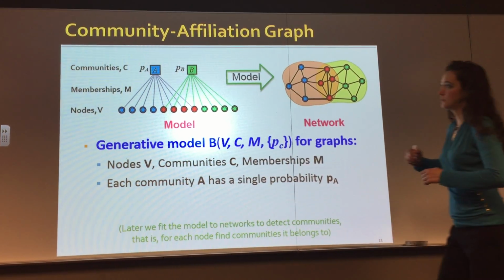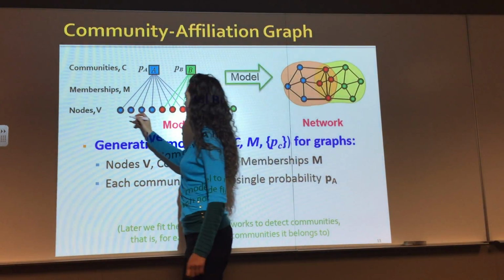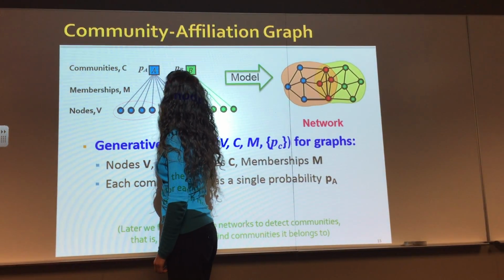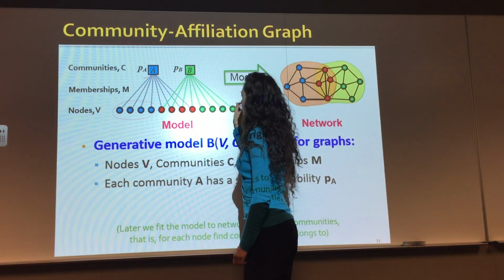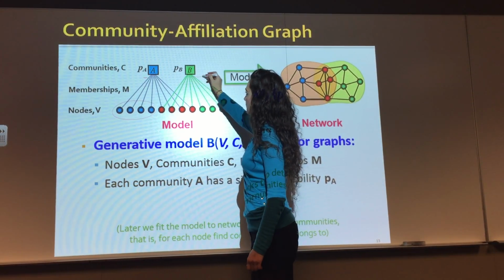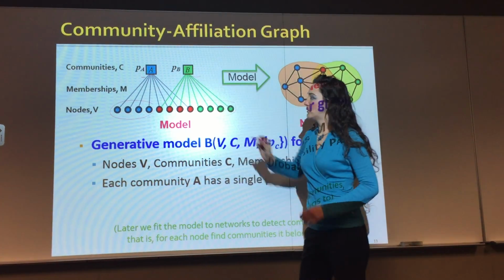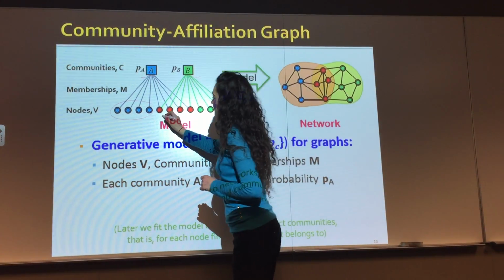So for example, the blue nodes are members of the community A. The green nodes are members of the community B, and the red nodes are members of both of them, so they overlap.